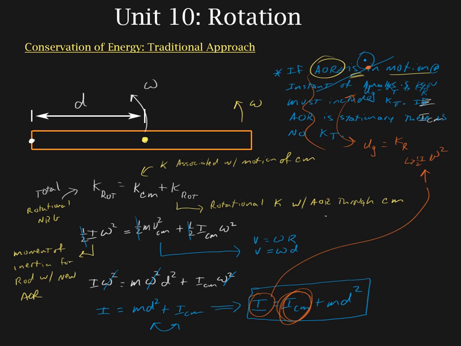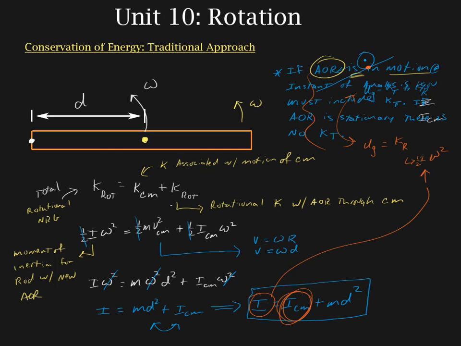So all I wanted to do right now is just pull up our notes that we had taken on the proof of our parallel axis theorem and point out that the proof is really all about rotational kinetic energy. And when we are breaking this apart, this is the rotational kinetic energy for the object as a whole.